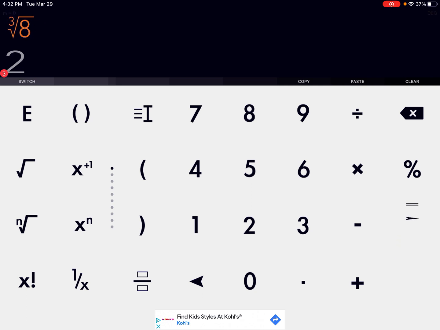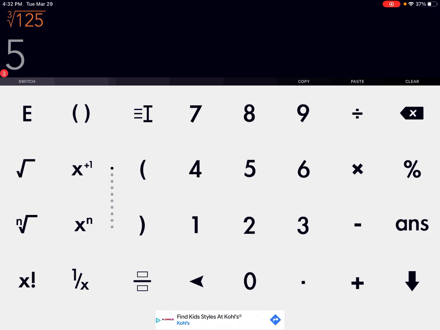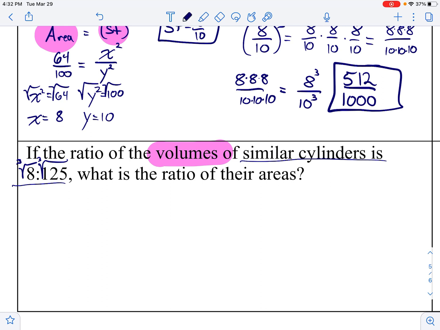Well, I can do the same thing, plug it back in there, and put in that 125, and let's, fingers crossed, we even get a nice friendly number again. So if we look, the cube root of 8 is going to be 2, and the cube root of 125 is going to be 5.